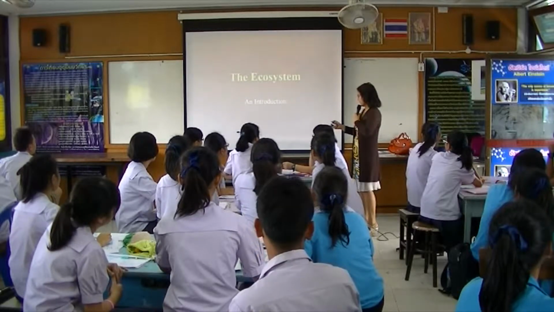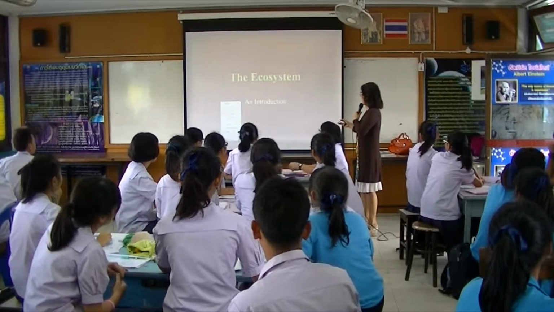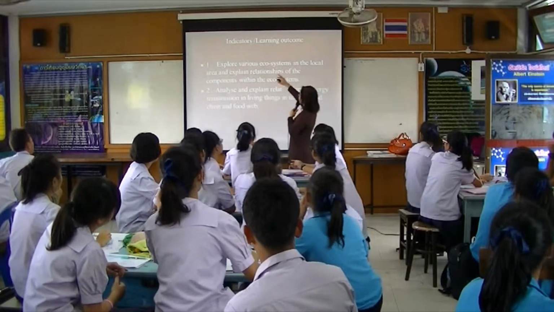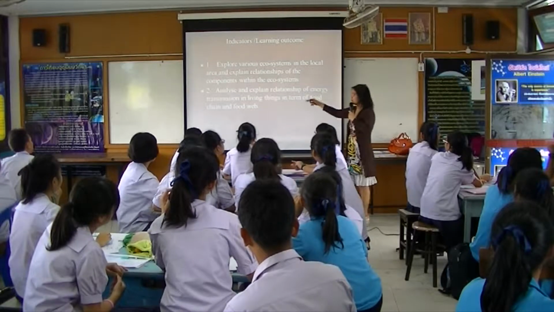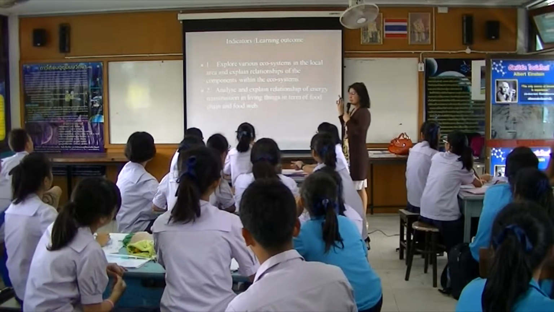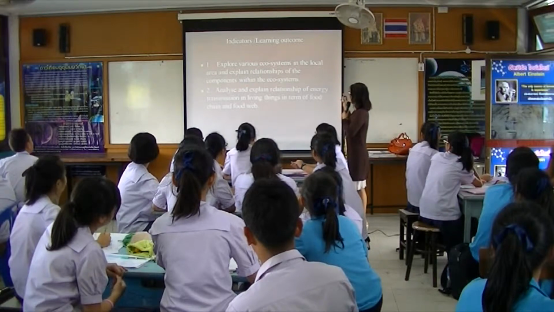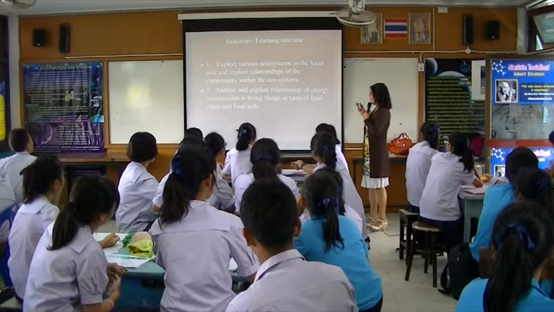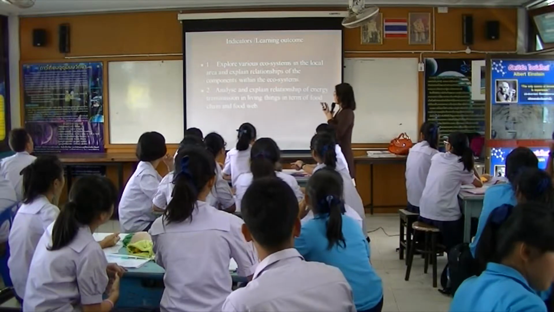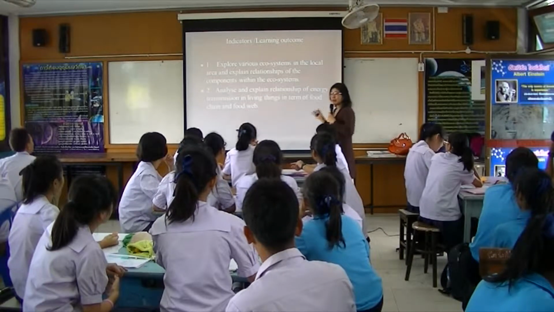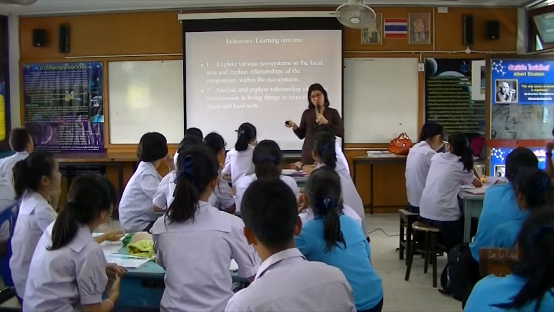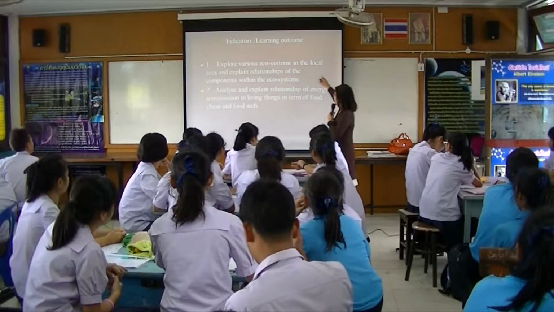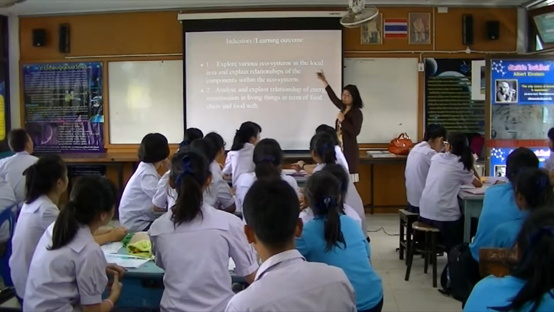The indicator, or learning outcome, is to explore various ecosystems in the local area and explain the relationship of the components within the ecosystem that I told you last week. Now we are learning about the first indicator.